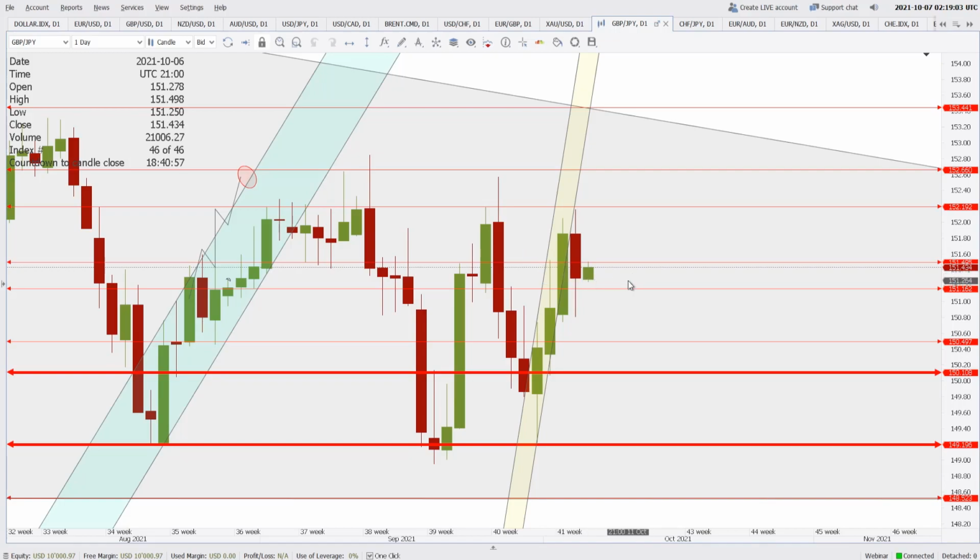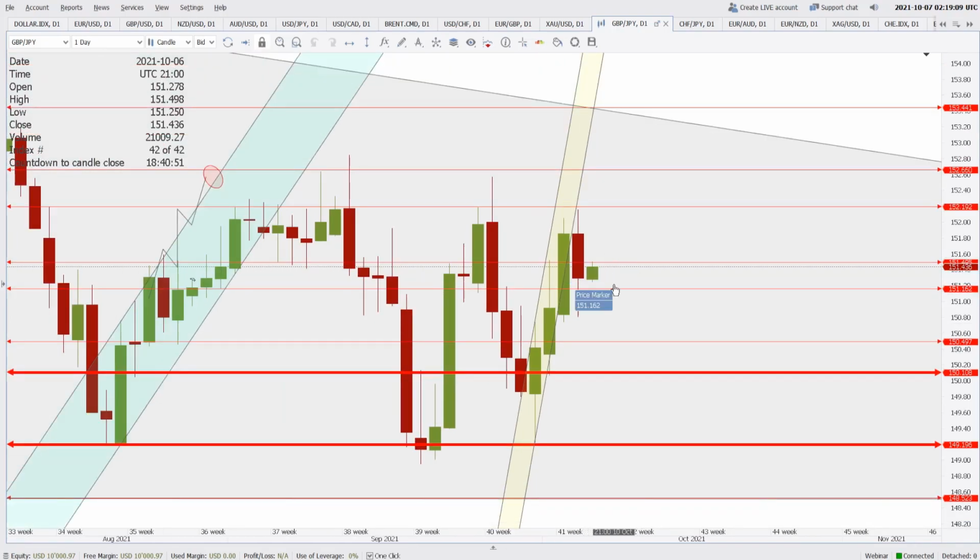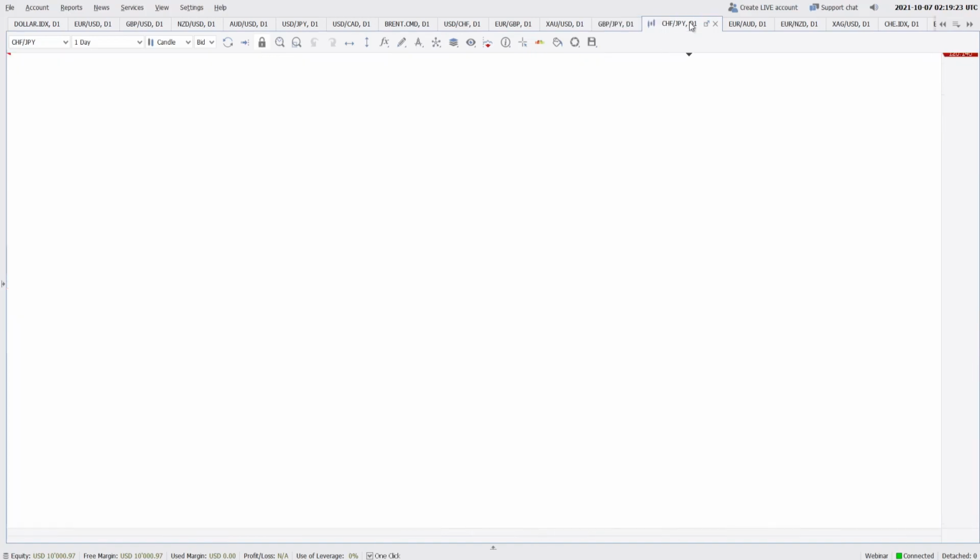Right now the price is trading between the range of 151.16 and 151.49. These are the small supports and resistance levels for today, but if the higher resistance level is broken, then 152.19 will act as resistance, and on the lower side, if 151.16 is broken, then 150.49 will act as a good support in this market.